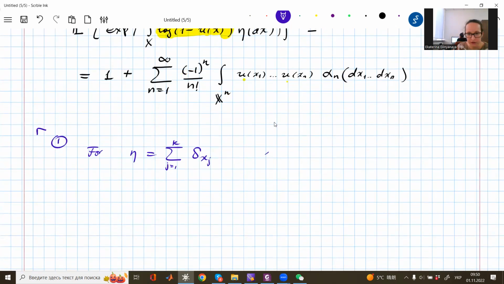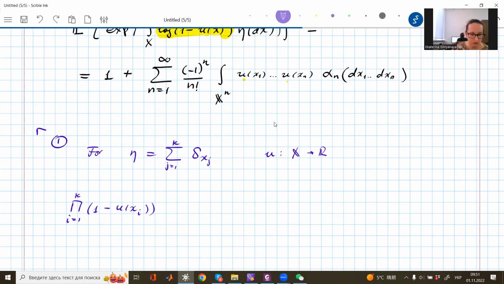And I take u from R^d to R, just some measurable function, and I will consider the product of 1 minus u of x_i, i from 1 to k. So I just take the product over all points here.